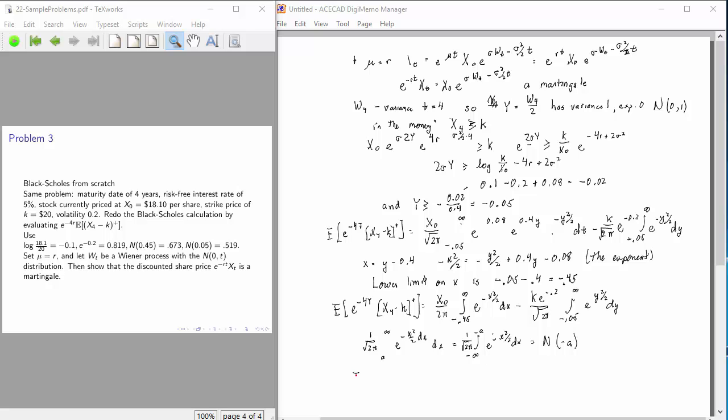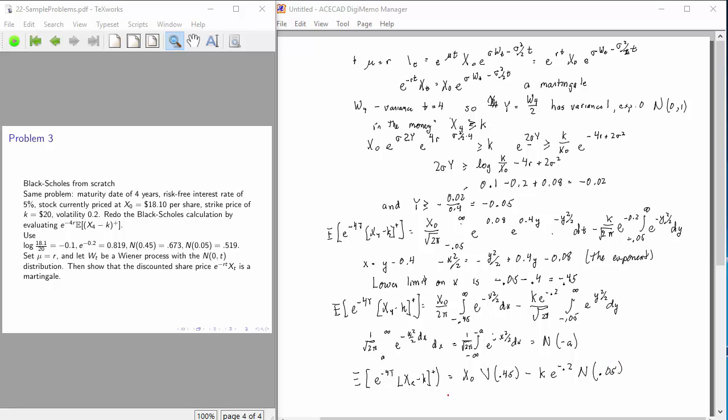Well, let's crank out a numerical answer. The expected discounted price is equal to X0 times the function N evaluated for the negative of 0.45 minus the strike price times e to the minus 0.2 times this normal distribution function evaluated again at the negative of that lower limit.